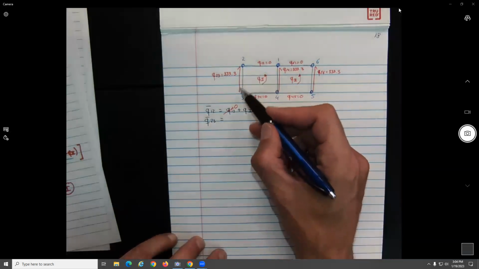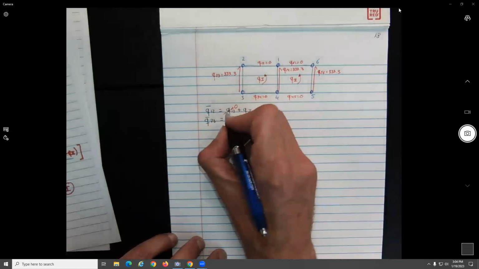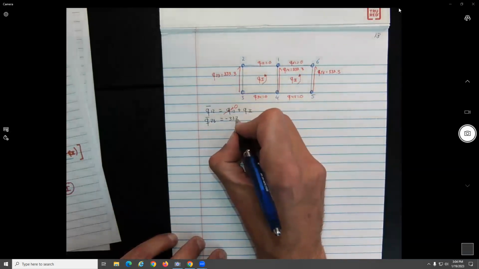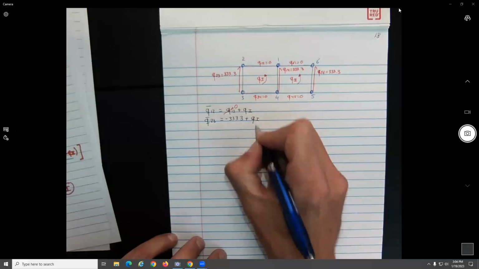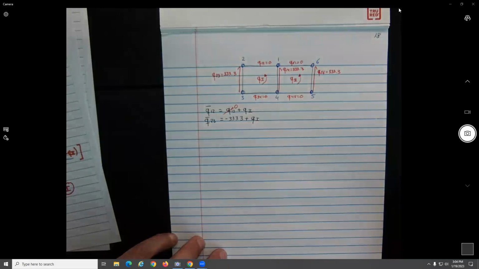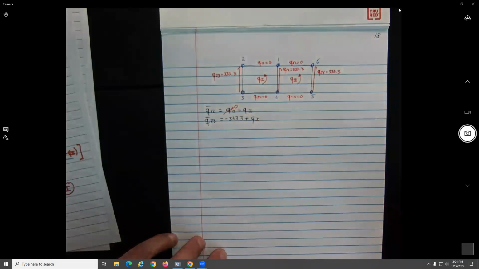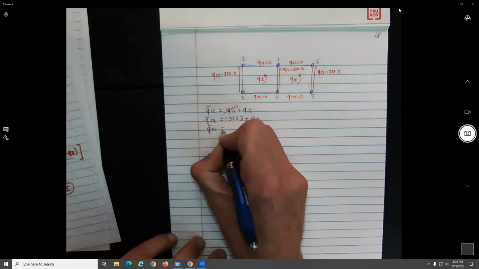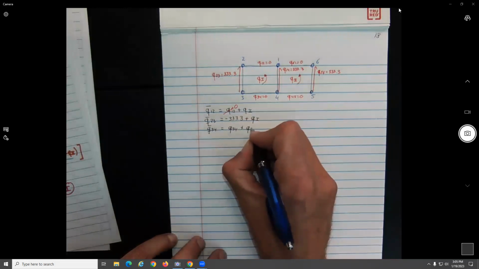You see, these two will be going in the opposite direction, no? So this will really be equal to negative, to make it go down. So this should be on the opposite side, minus 333.3 plus Q1. Yeah? Okay, you see that going in the opposite direction. Then Q bar 34 should be equal to Q34, which is 0, plus Q1.